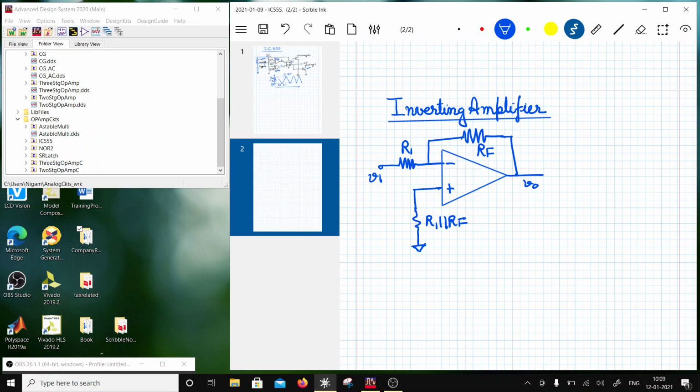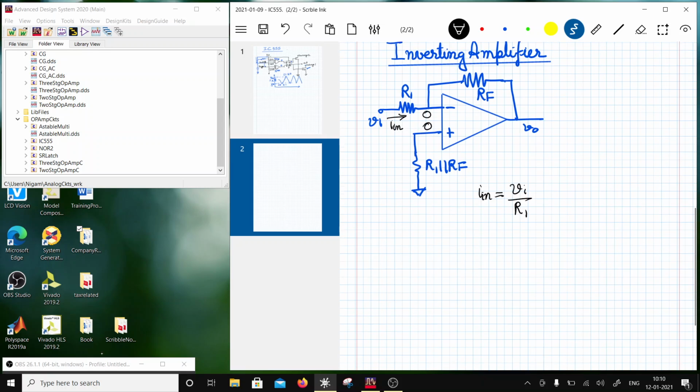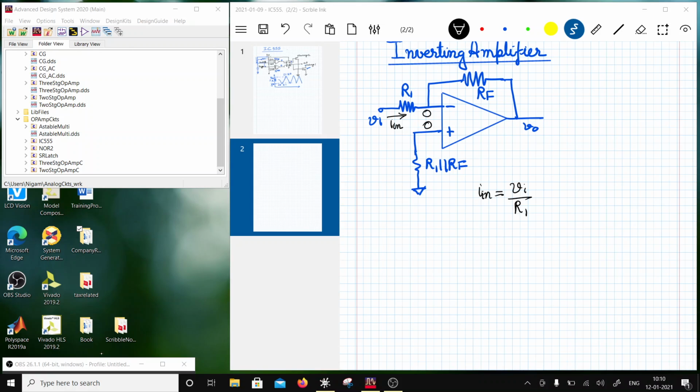For this amplifier, what's happening is that this is at 0, so this is a small signal ground, and this is supposed to be a small signal ground too. What that means is the input current IN would be equal to VI over R1. This current doesn't flow into the inverting input because it's capacitive in nature, so the whole current will flow this way, and this will cause a voltage over here.